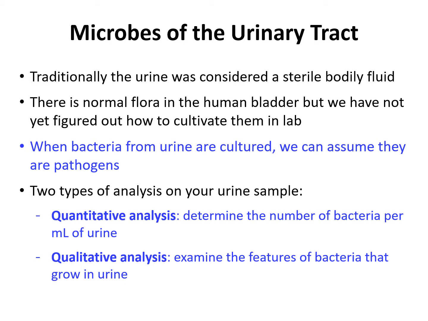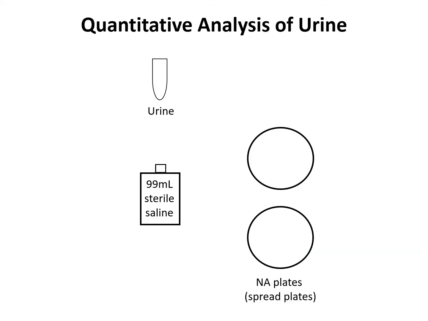So we do some biochemical tests and other tests to figure out whether there is, let's say, E. coli or not. As I said, E. coli is the most common, but are there other bacteria that also cause UTIs? Yes. We can test and take a look at the features of these bacteria.